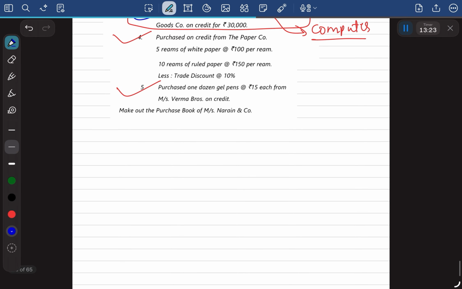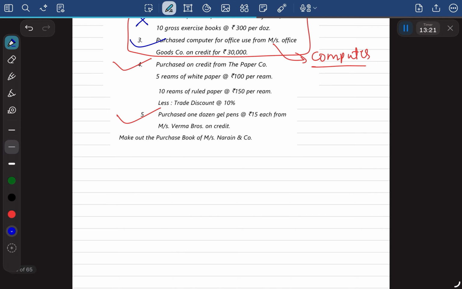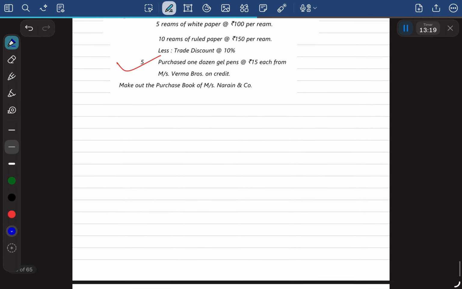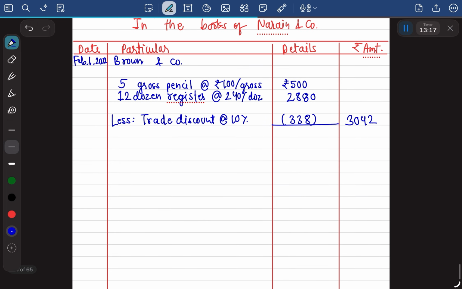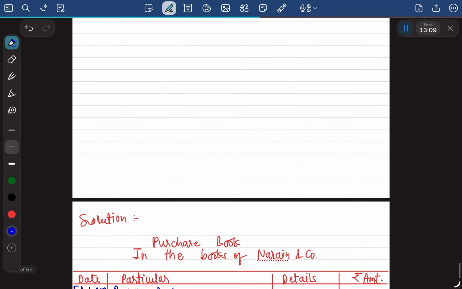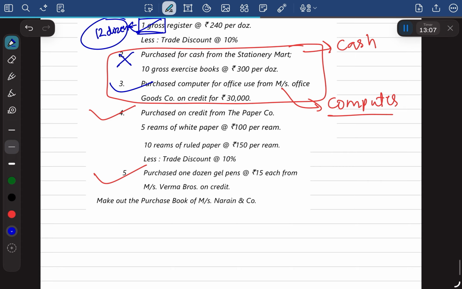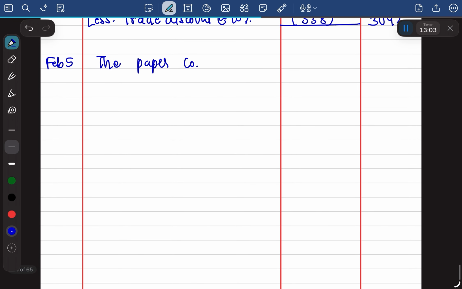So purchase on credit from the Paper Co., date Feb 5. First, 5 reams of white paper at the rate 100 per ream.